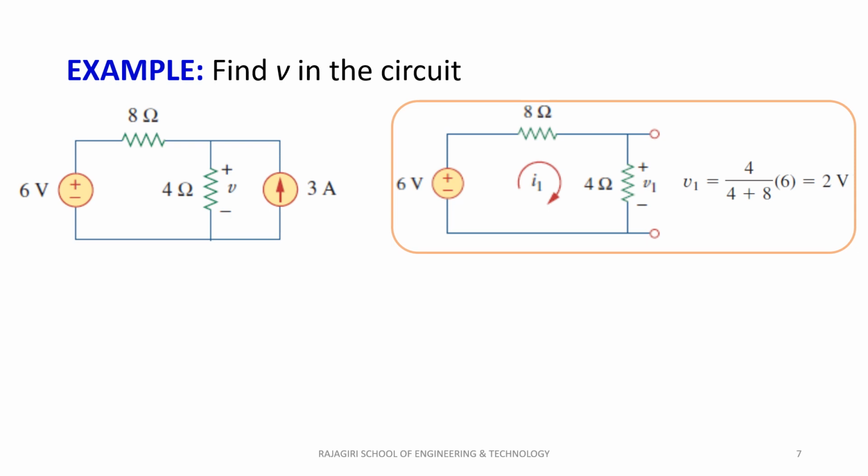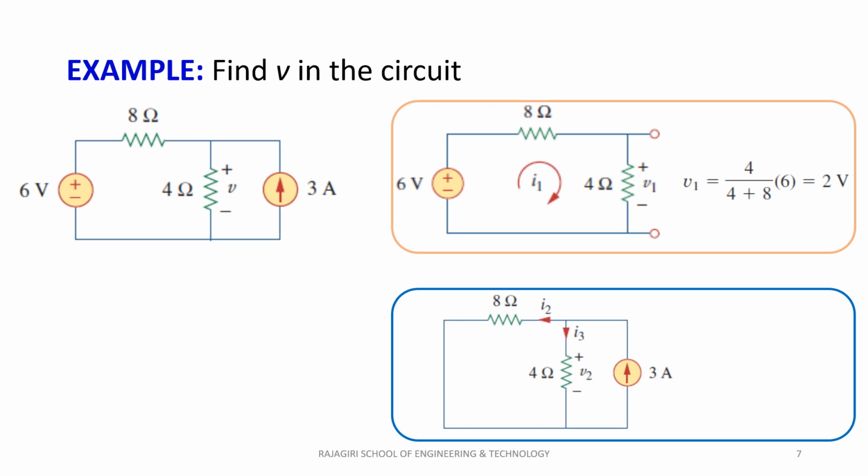For this, we turn off the 6-volt source by shorting the terminals across which it is connected. Now, we can apply current division rule to determine I3, the current through the 4 ohm resistor. I3 is equal to 3 into 8 by 8 plus 4 amperes, which is equal to 2 amperes.